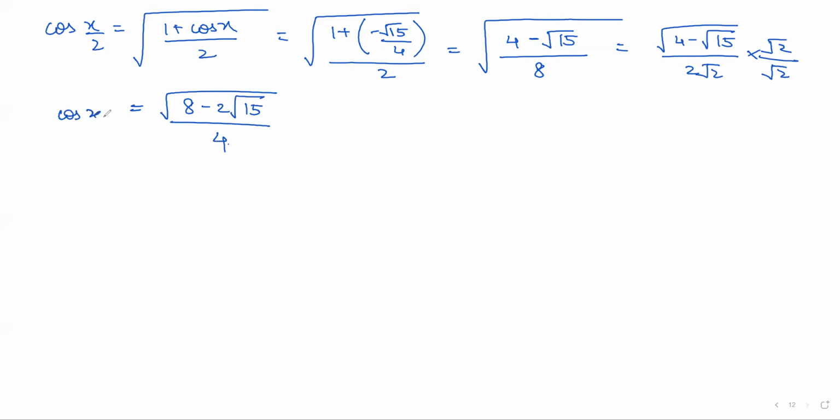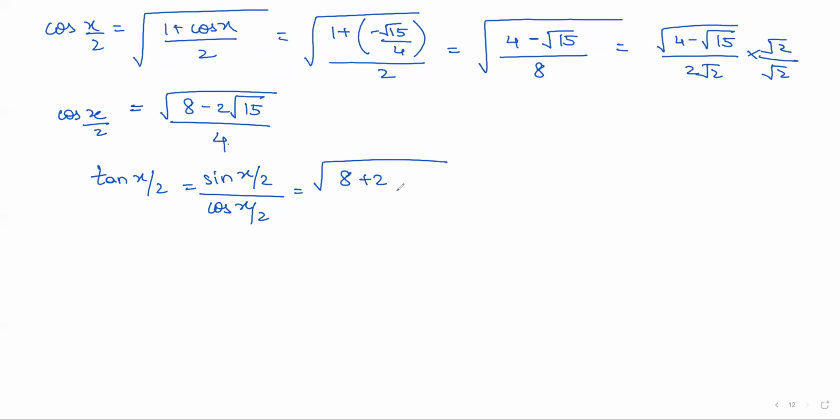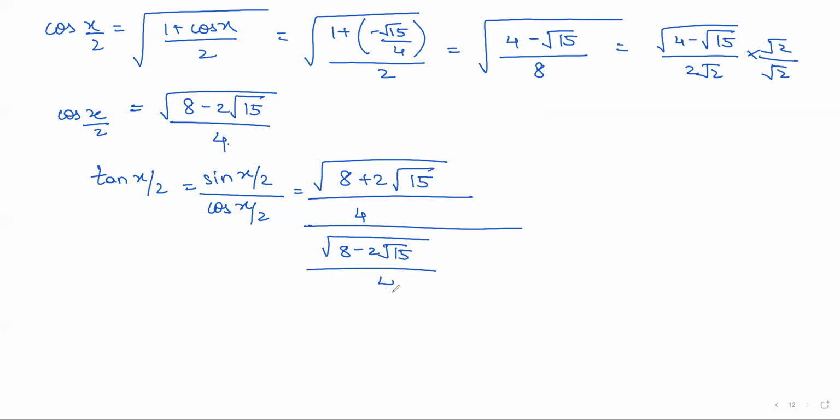Tan x by 2 is equal to sin x by 2 upon cos x by 2. This is equal to root of (8 plus 2 root 15) whole upon 4, upon root of (8 minus 2 root 15) whole upon 4.